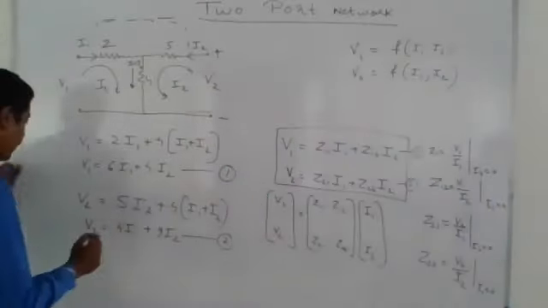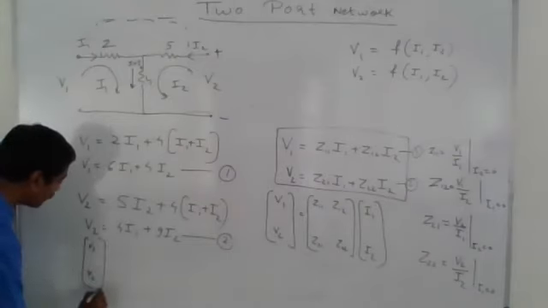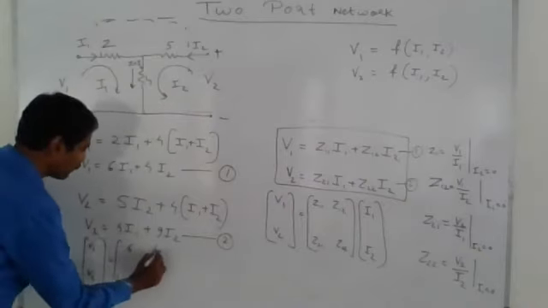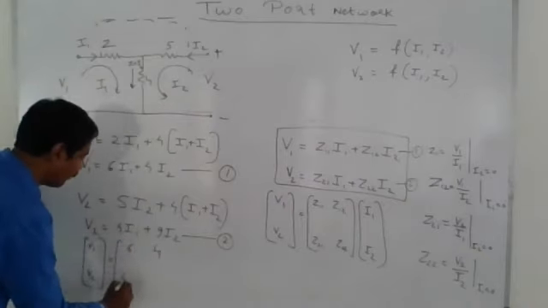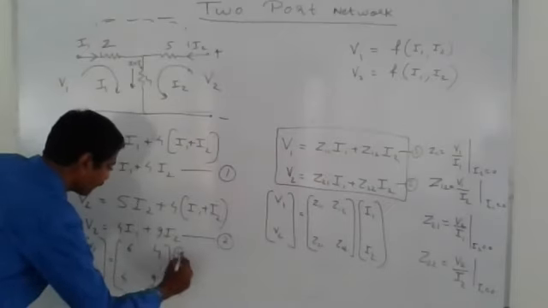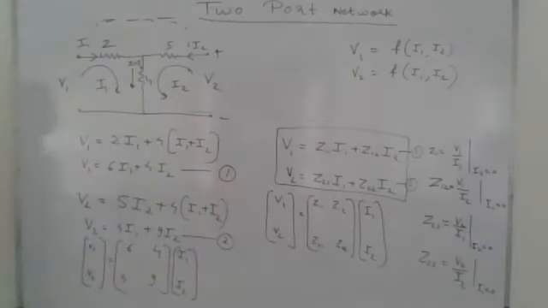Or you can write this in the matrix form. V1, V2 equals the matrix 6, 4, 4, 9 times I1, I2. Writing the equations in matrix form, directly you will get the Z parameter matrix.